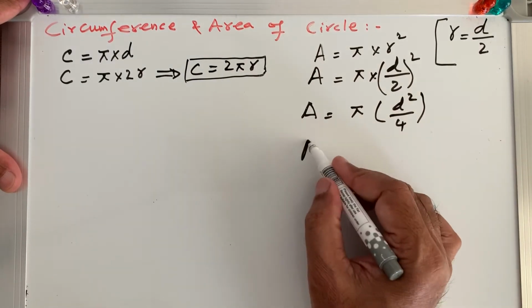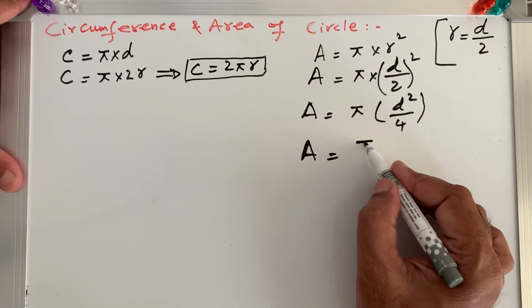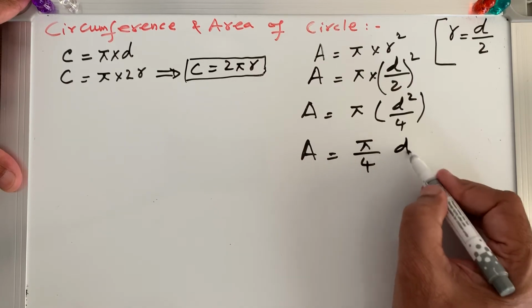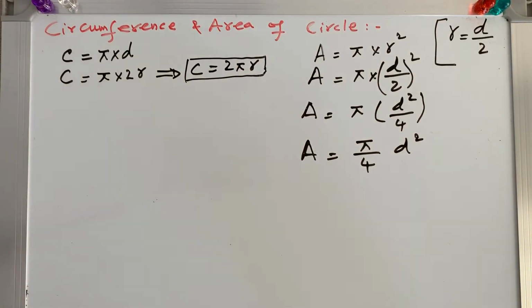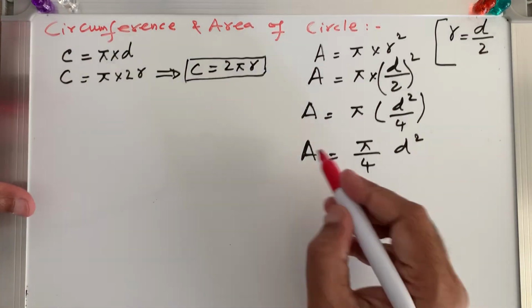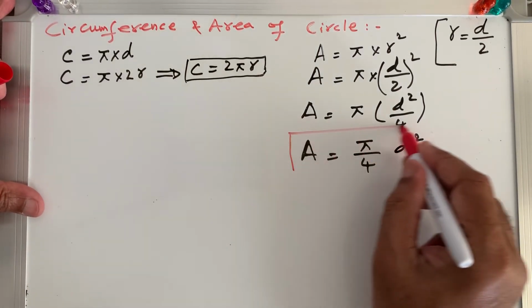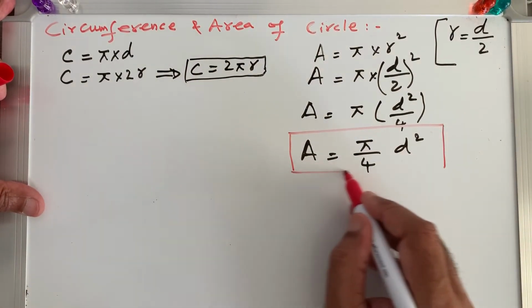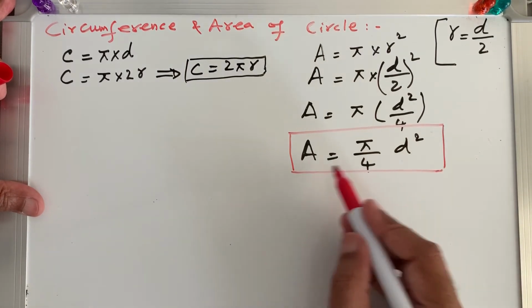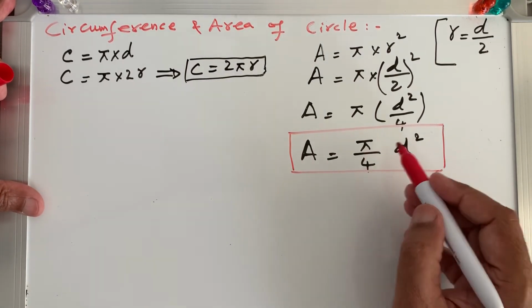So how can I read this equation? Pi by 4 d square. So in terms of d, or the diameter, the area can be calculated as A is equal to pi by 4 d square. Pi is a fixed constant value, right? You know, 3.14. And then you can use A is equal to pi by 4 times d square.